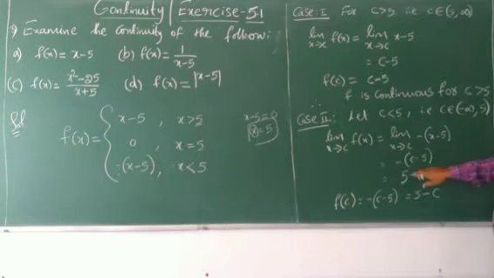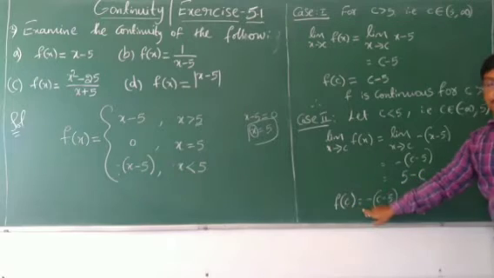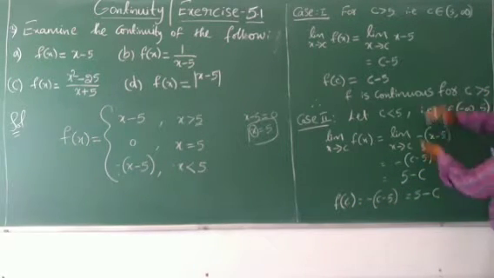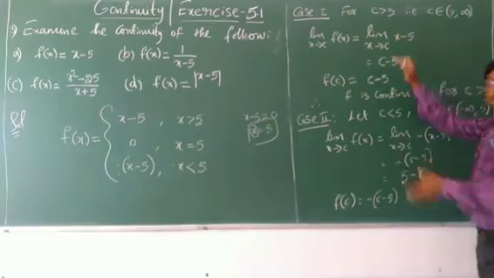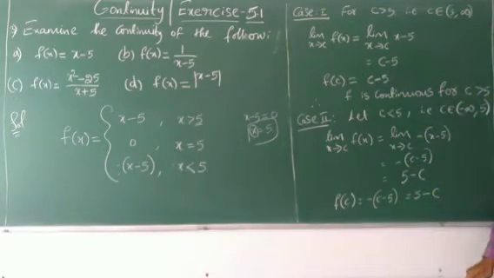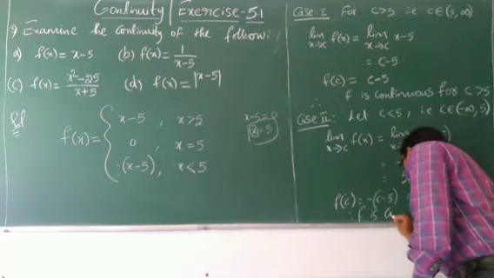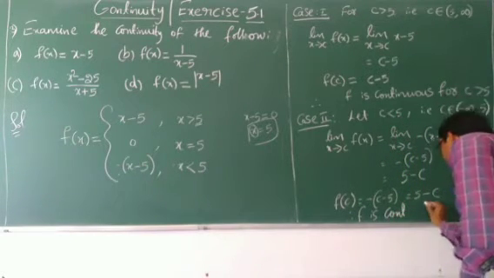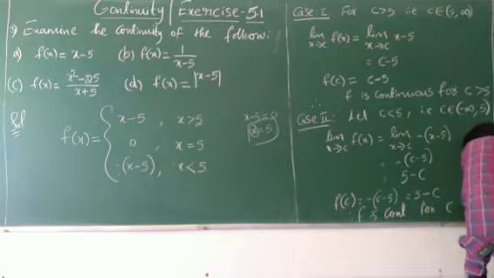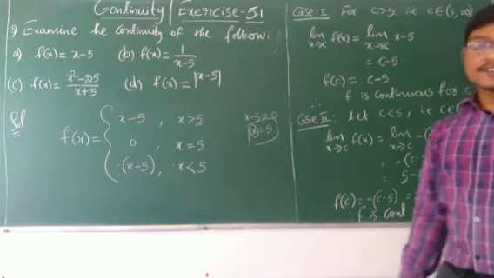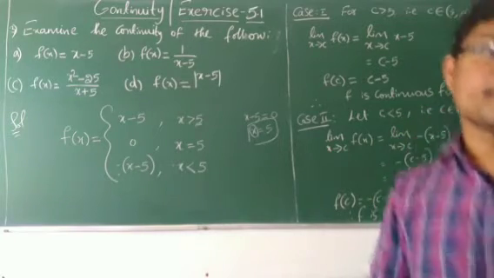Here this limit is 5 minus c and the function value is 5 minus c. So this part it is continuous, that part it is continuous. Both are separate, don't worry. So here f is continuous for c less than 5.